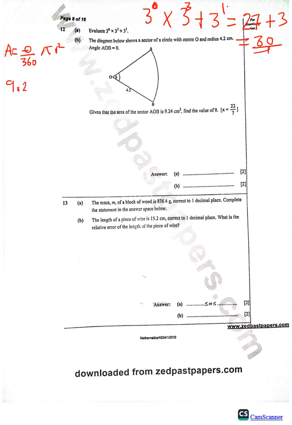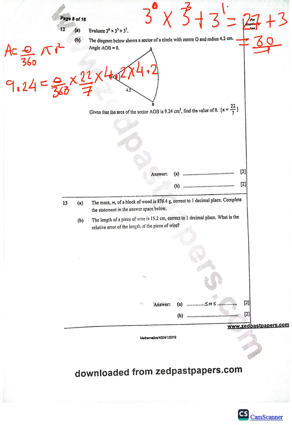So 9.24 equals theta, which is what we are solving, over 360 times pi, which is 22 over 7, times the radius 4.2, so 4.2 times another 4.2.